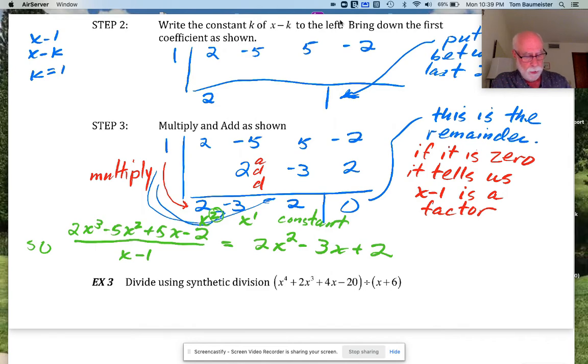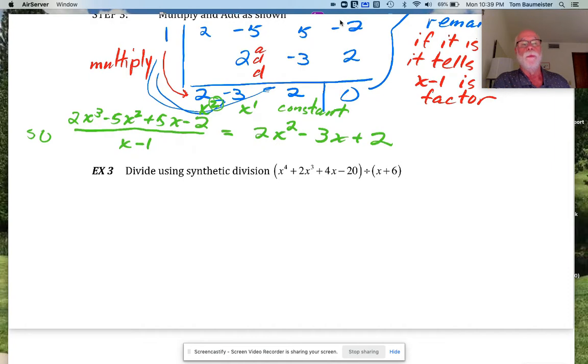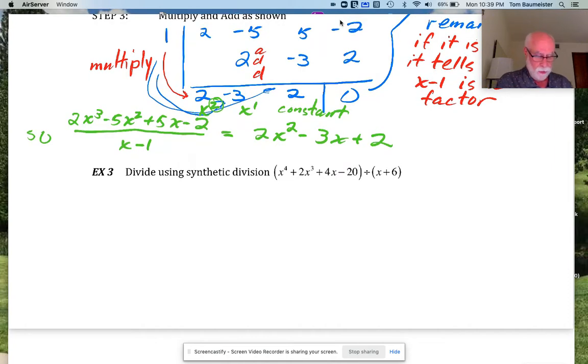Like I said, we're going to do this next one all at the same time. Divide using synthetic division x to the fourth plus 2x cubed plus 4x minus 20, and we're going to divide that by x plus 6, excuse me.